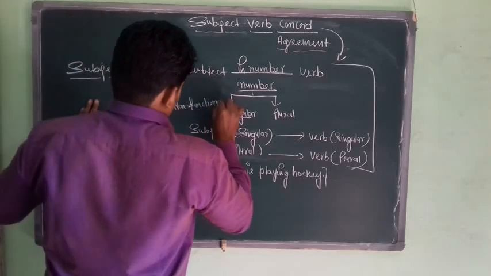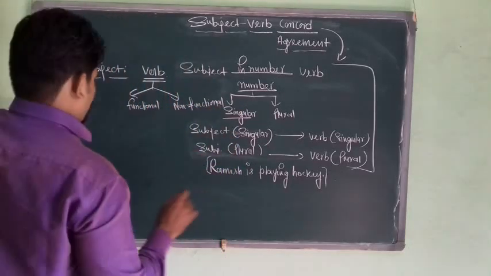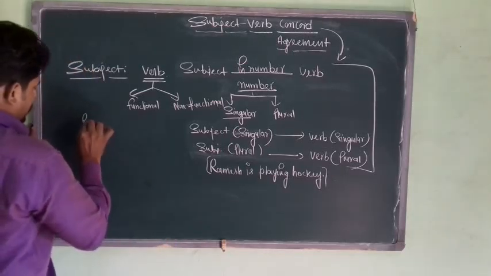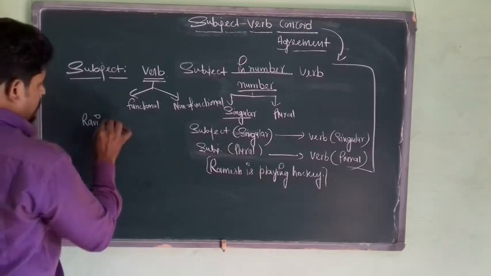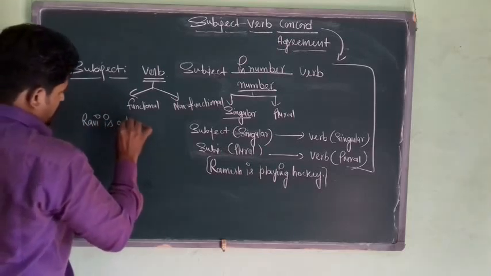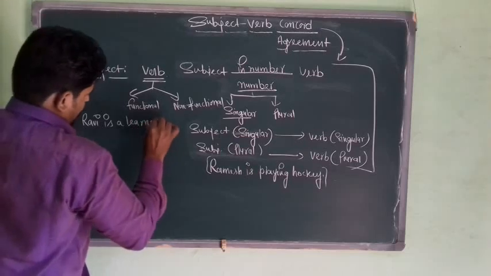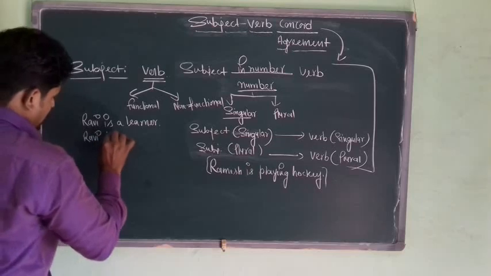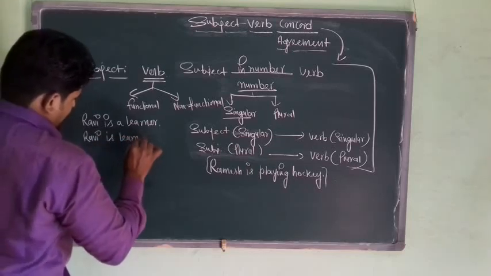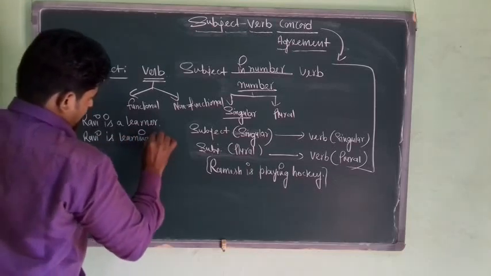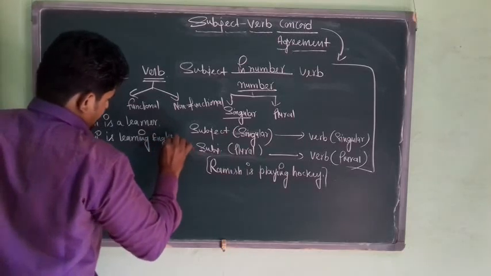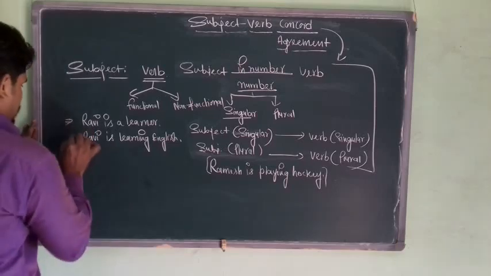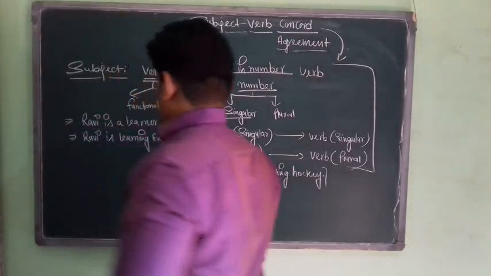Let me here write two examples to understand this. Ravi is a learner. Ravi is learning English.